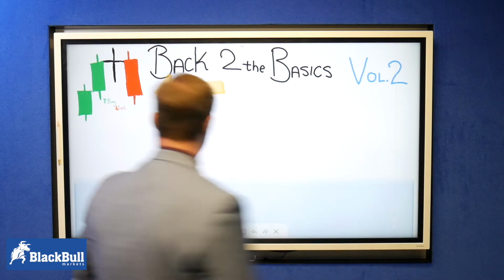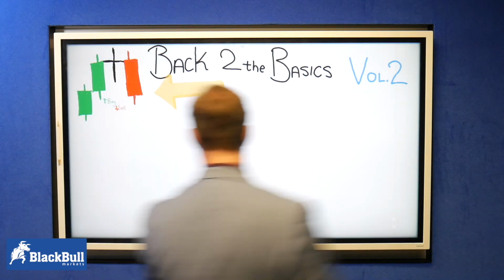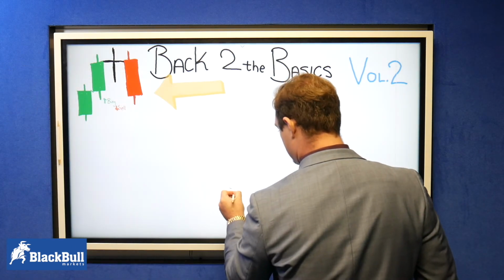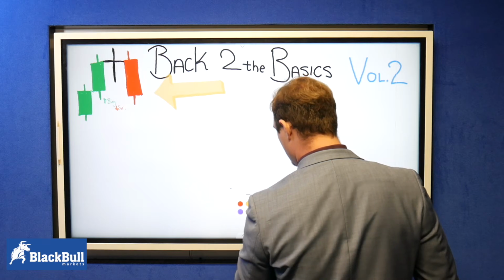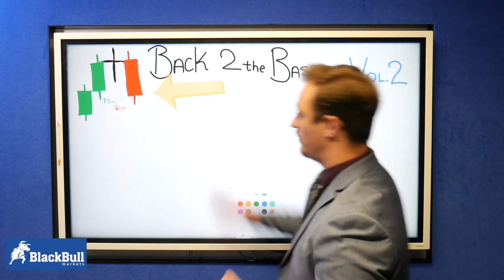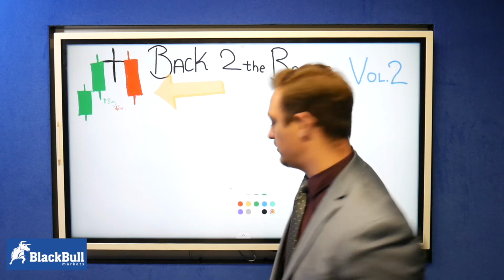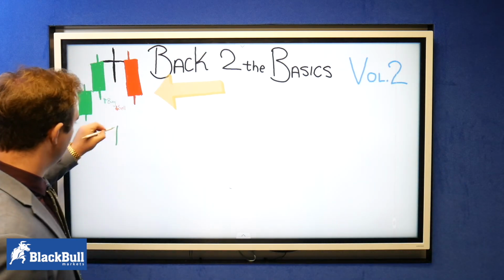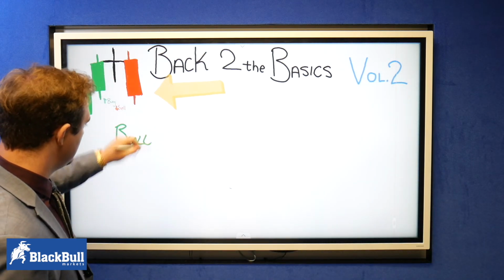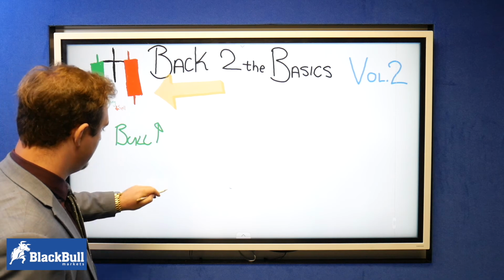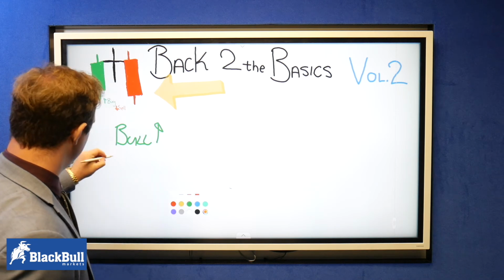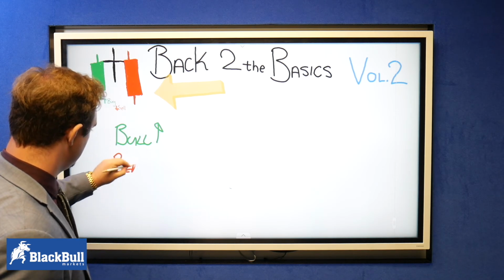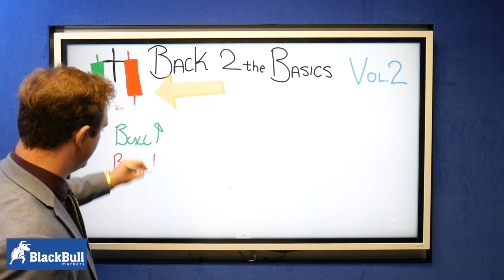So quick look here at the candlesticks. Okay, so like I said, they move exactly the same. Let's say, for example, we have a bullish candle going to the upside. So there's other 2 terms we need to understand. A bullish move means the market's going up, and a bearish move means the market's going to the downside.